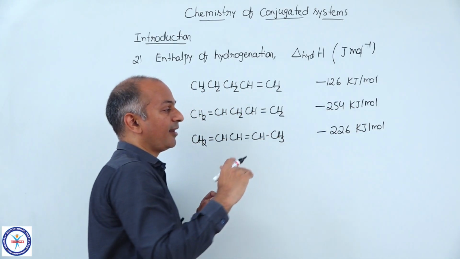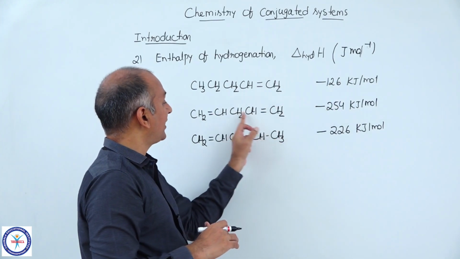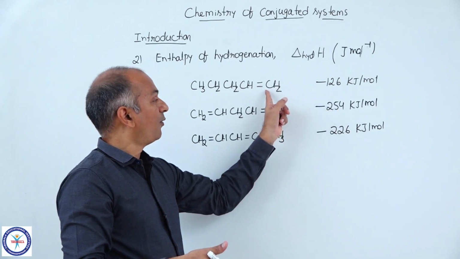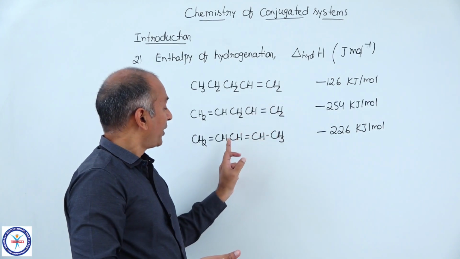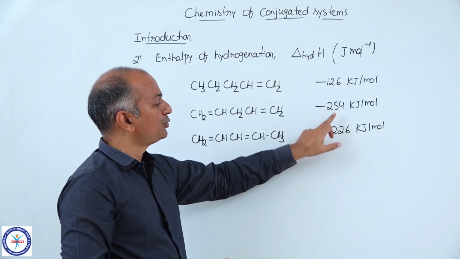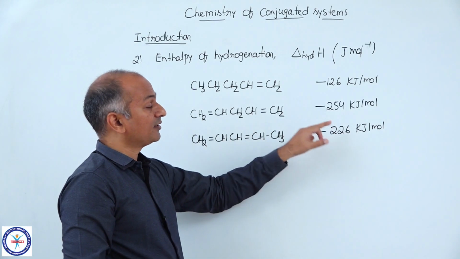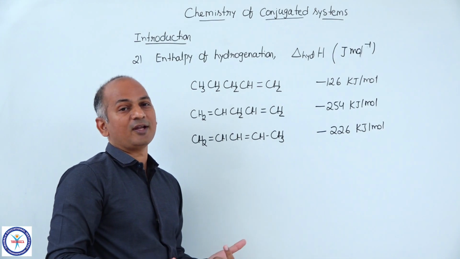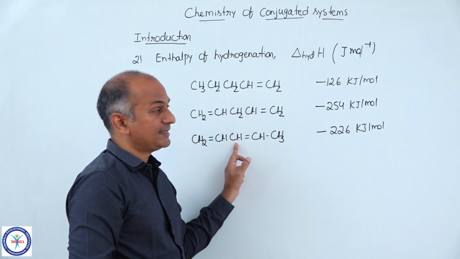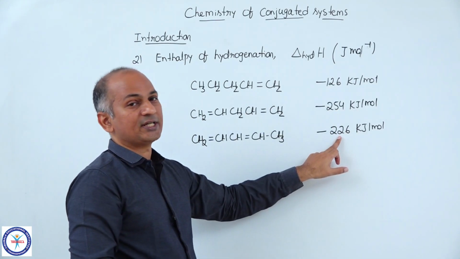It is far lesser than twice the 126. 1,4-pentadiene matches the expectation, twice the amount for 1-pentene. But 1,3-pentadiene's value is almost 30 kilojoules lesser than expected, and that is quite logical because it is stable. The difference between twice the value and the actual value is what we call resonance energy. So the resonance energy of this 1,3-pentadiene is the difference between 252, which is twice 126, and 226.